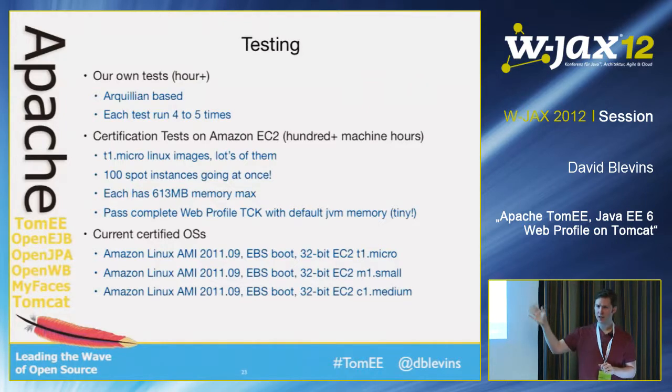In terms of certification, I've mentioned certification a few times. So this is what it means to be certified. If you want to create a Java EE app server, you need to first get a TCK from Oracle. That's a huge feat right there. EclipseLink, the Eclipse Foundation has been trying to get one. They still don't have one. Apache got one years ago.